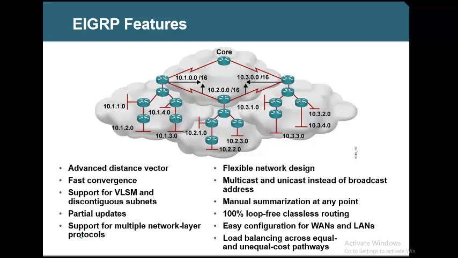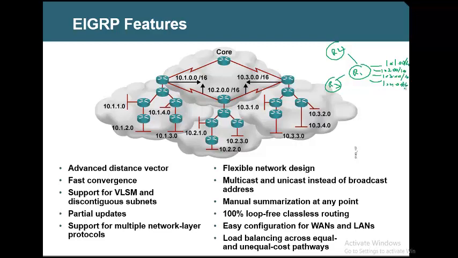Let's see. You got two types of summarization. One, you see R1, R2, R3, and now let's say this router has got 10.1.0.0/16, 10.2.0.0/16, 10.3.0.0/16, 10.4.0.0/16.